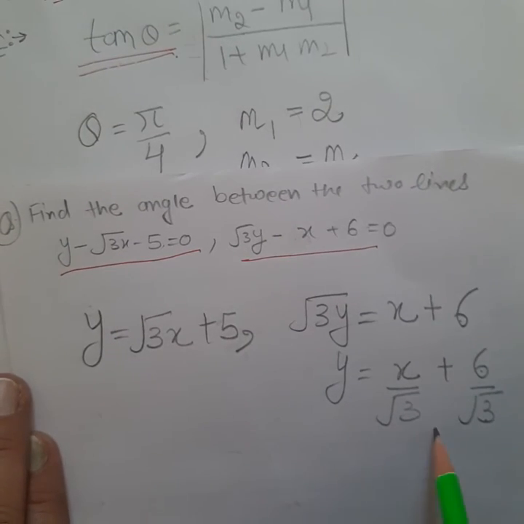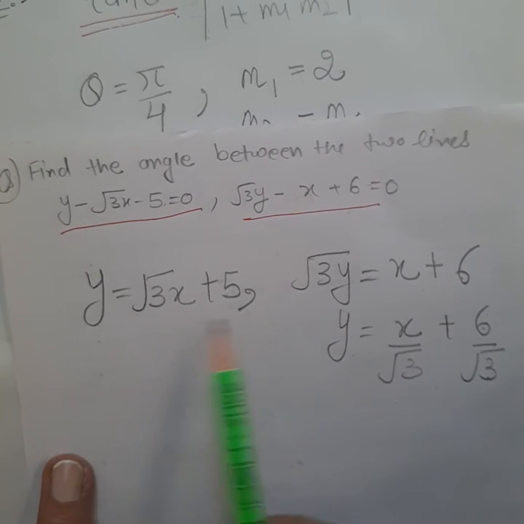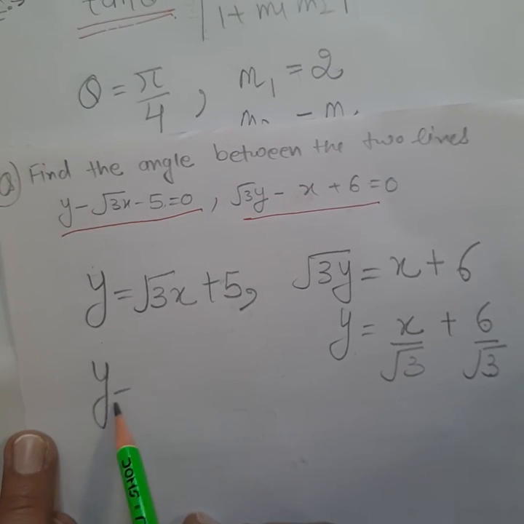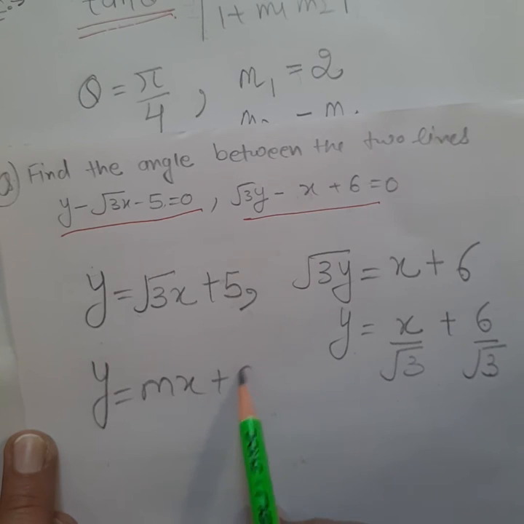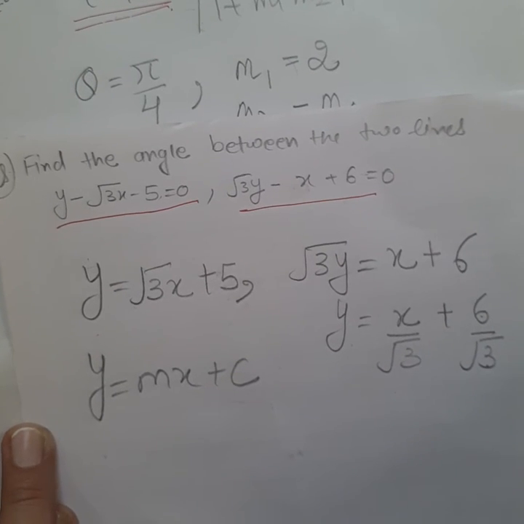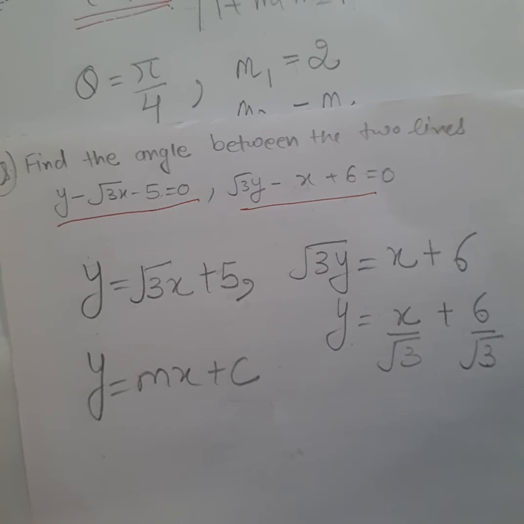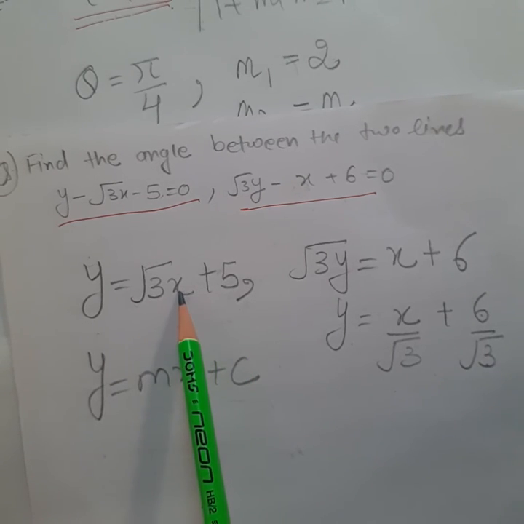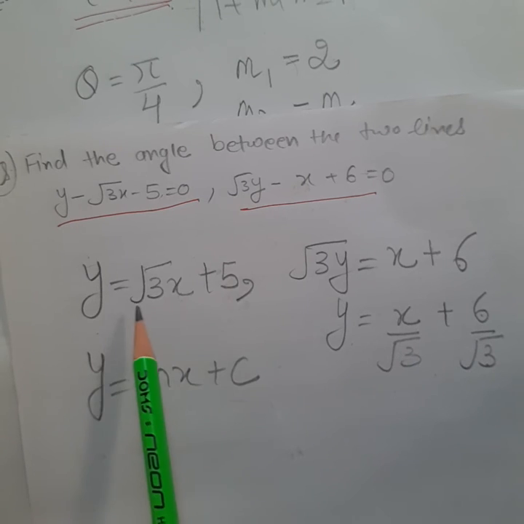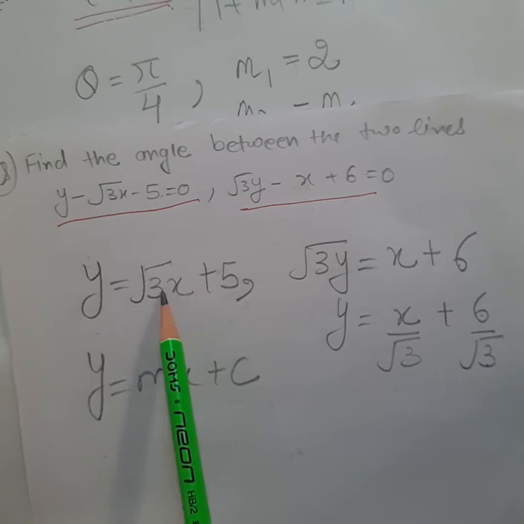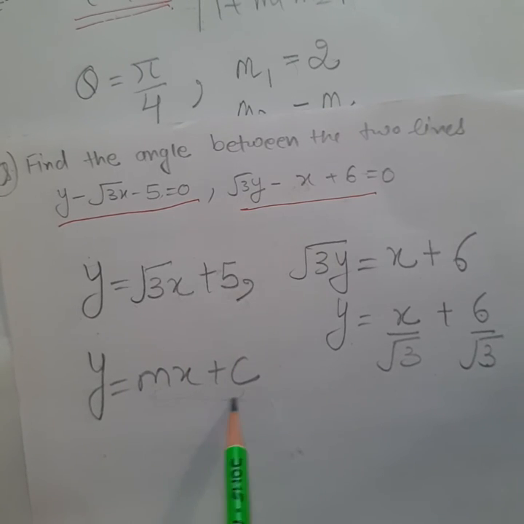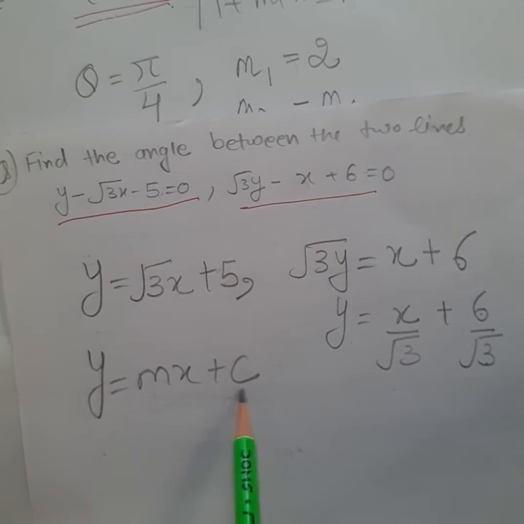Why do we do it like this? Because we compare these two equations with y equals mx plus c. I told you in my previous video that we have many formulas to find the slope of a straight line. You can apply the intercept form, or you can apply minus the coefficient of x over the coefficient of y, or you can simply compare with the slope form equation mx plus c.